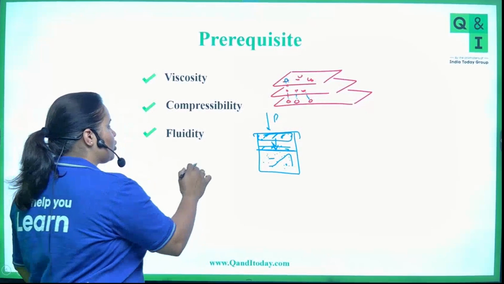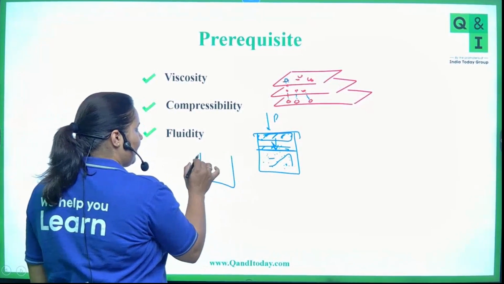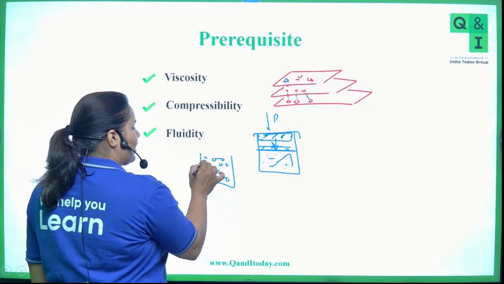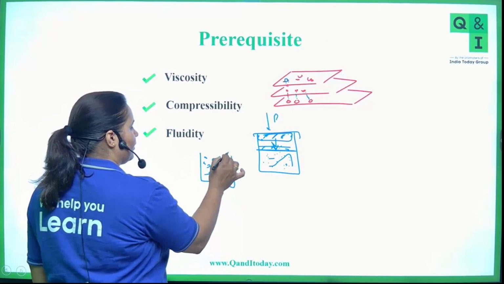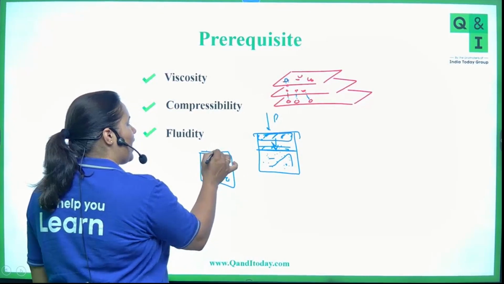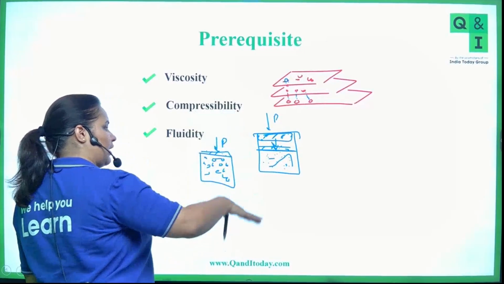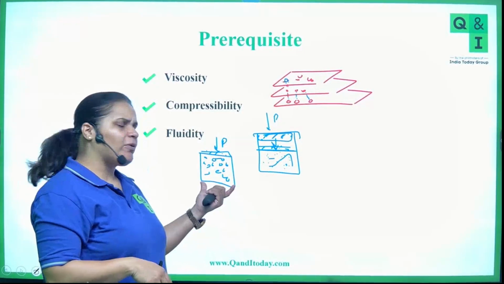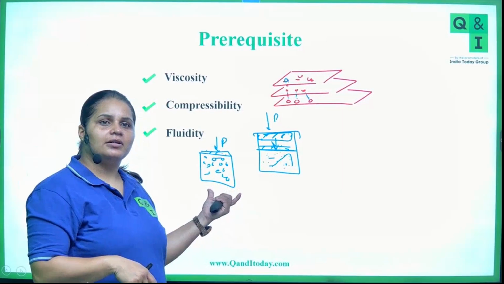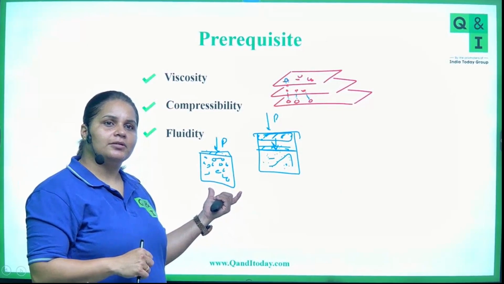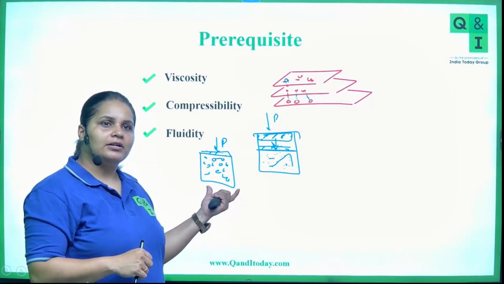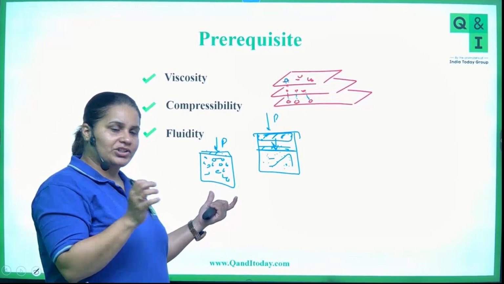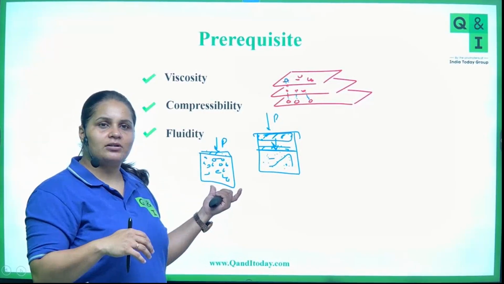Suppose I take sugar in it, and it is completely filled, right? Now I apply extra pressure on it and try to push it down to decrease its volume. Will it be possible? Can I accommodate the sugar crystals in a lesser volume in this container?